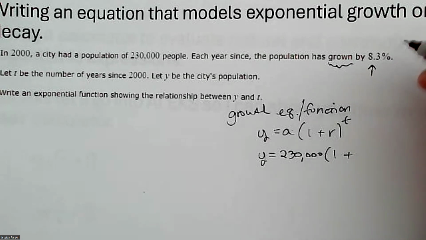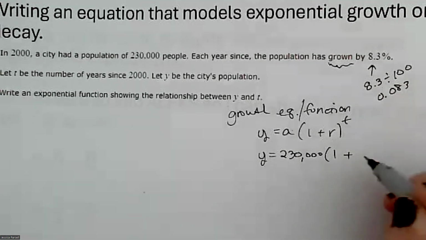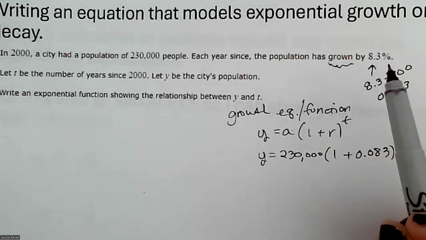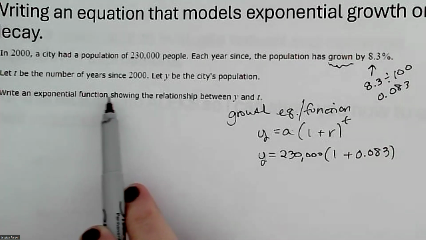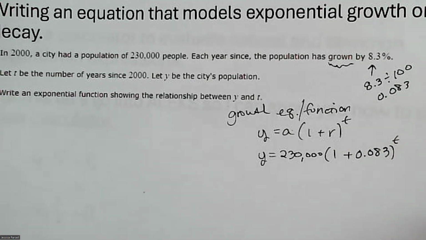Well, let's change that to a decimal. 8.3 divided by 100 is 0.083. T is going to be the number of years since 2000. We don't know how long that is, so we're just going to call that T.